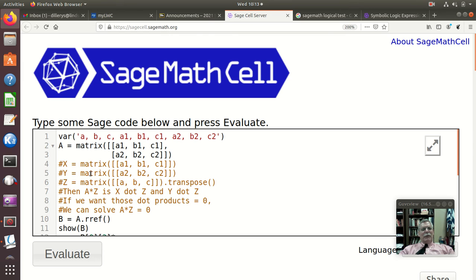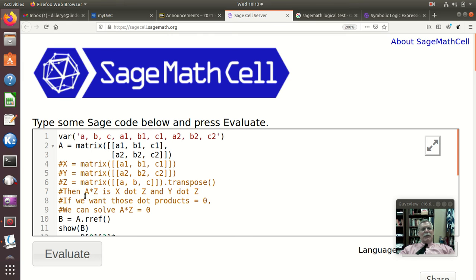Again, I could have taken the X and Y to be column vectors or the Z to be a row vector, but it just makes things cleaner here when I say A times Z. So A, I've got a 2 by 3 matrix, and then times Z, which is 3 by 1, that works.